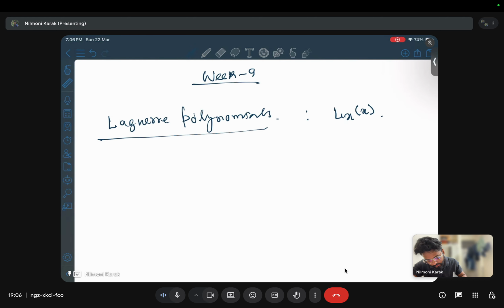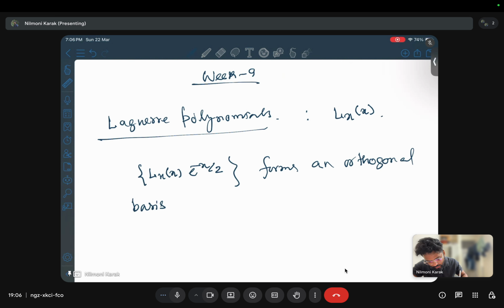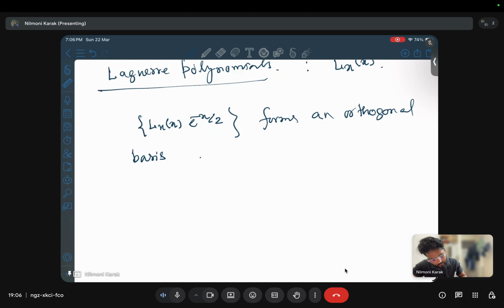With some weight function e to the power minus x by 2, this Ln(x) e to the power minus x by 2 forms first an orthogonal basis. And from where does Ln(x) come?